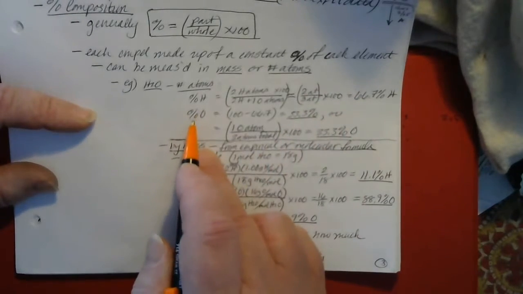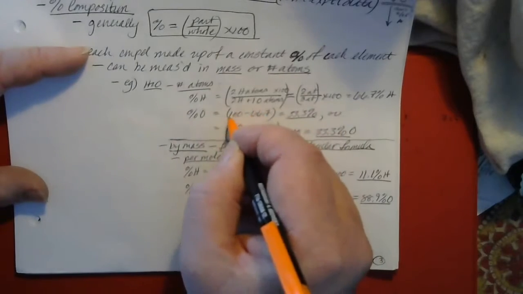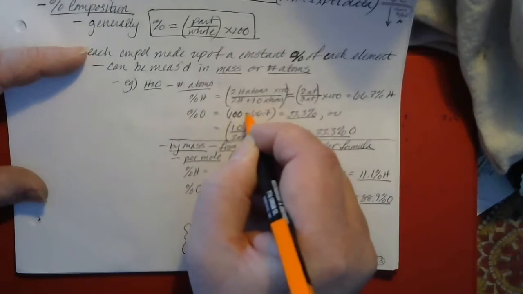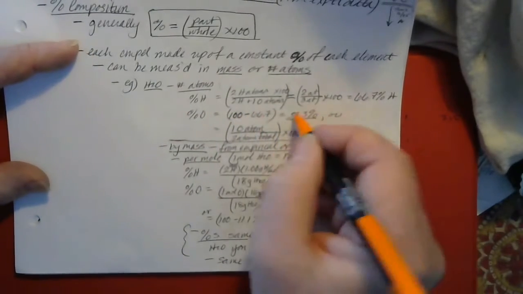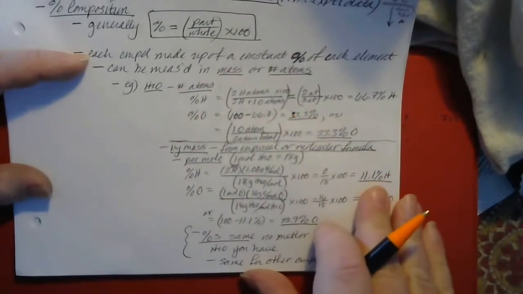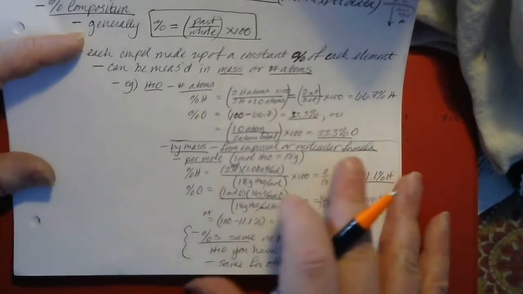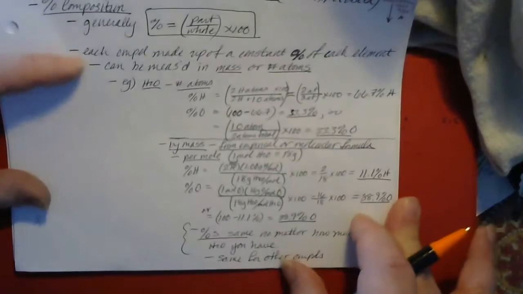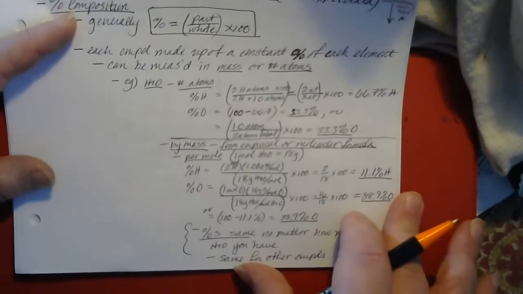And then for oxygen, a convenient shortcut when dealing with percentages is to remember that when you add up everything in a sample or a compound, the total has to be 100%.